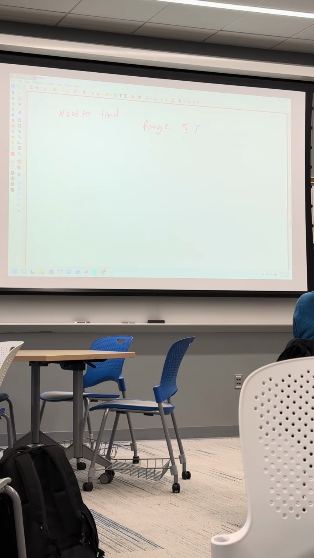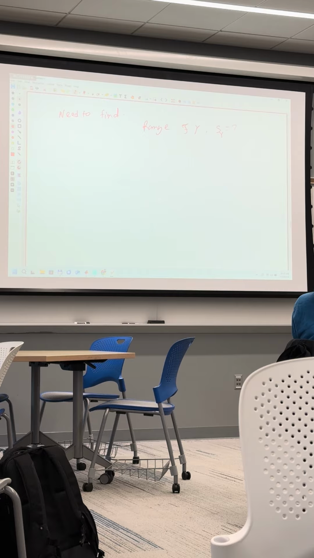Since x is a random variable, the function of x will give you a random quantity. So therefore y is a random variable. We need to find the distribution of y.